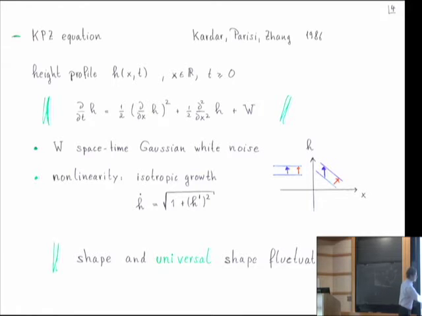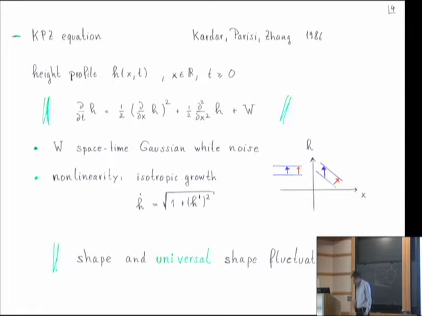But the real thing, of course, is that one expects or one hopes that if I look at the fluctuations, they are universal in the sense that they do not depend on the specific model I'm actually studying, right? So the hope would be that this particular stochastic PDE and this simple, more discrete type of growth process would actually have the same large-scale behavior. Okay? So the interest really comes from this issue of universality.